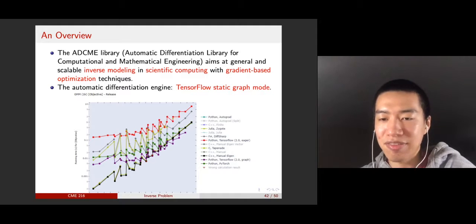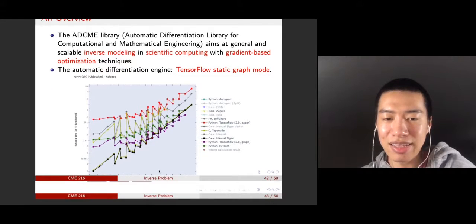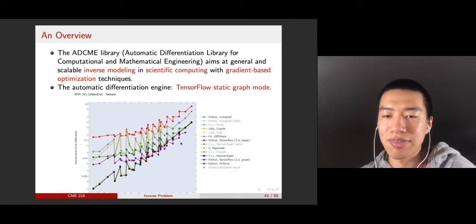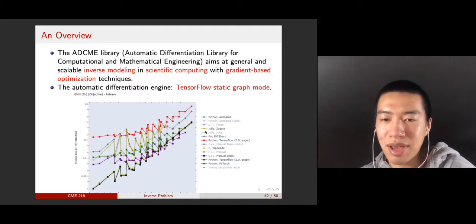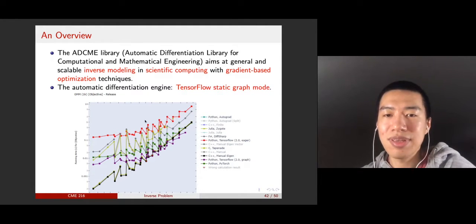static graph mode in ADCME, and you can see the graph mode performs quite well, and it even outperforms the hand-coded programs for large problems. We also have Julia, and actually ADCME is a Julia library.